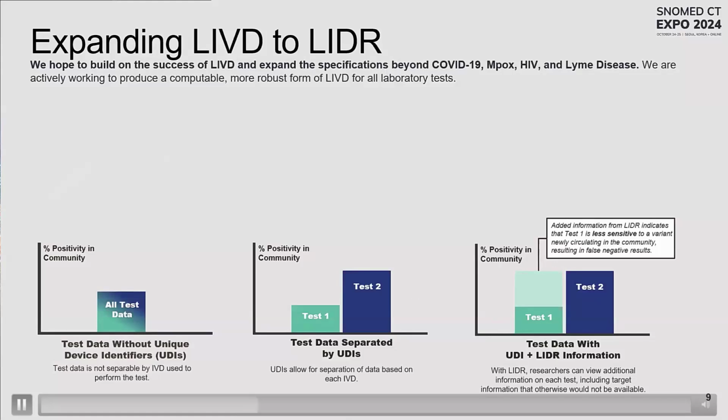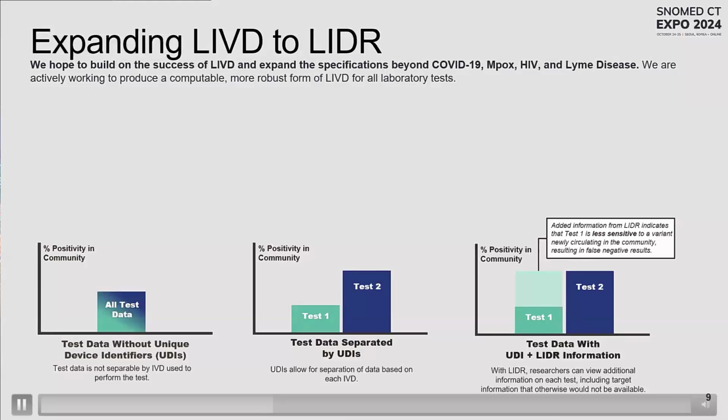Without the unique device identifier, we get a certain type of positivity. But when we dissect these lab results by the UDI, we can see that the rate of positivity changes based on the lab tests we're using from different manufacturers.